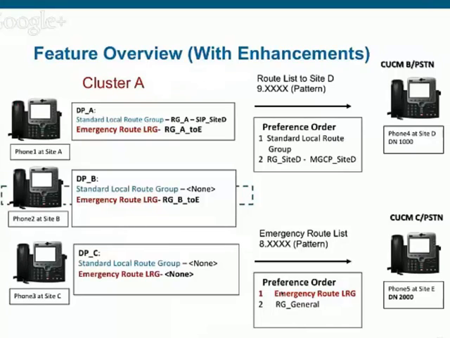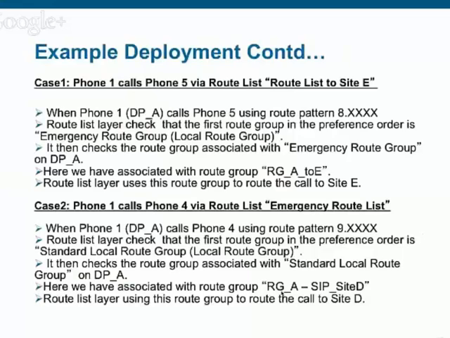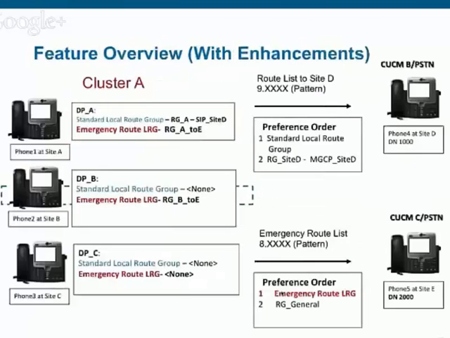So in pre-10.x, we had to achieve this functionality by adding three route patterns for three different sites, just because we did not want to send the calls out through the standard local route group. So we were stuck with just one option there. Now you can choose as many options as you wish. So this is exactly what it does.